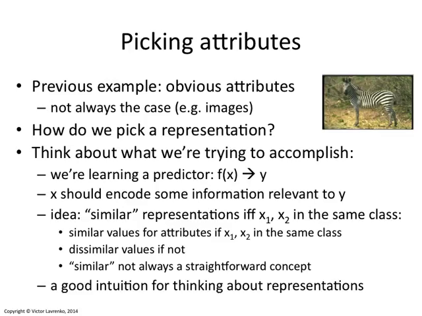What similarity means is if you have several instances, several examples, and they have the same class, so, for example, if you have a number of images and all of those images have a predator in them, whatever representation you construct should make those instances similar to each other in some sense.